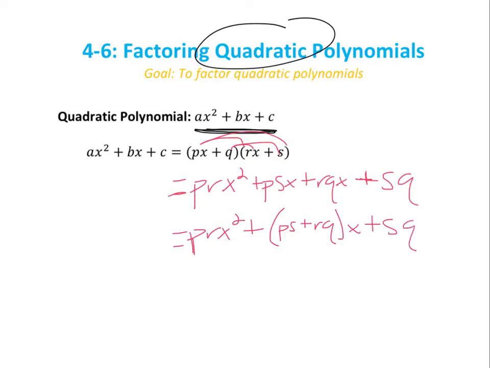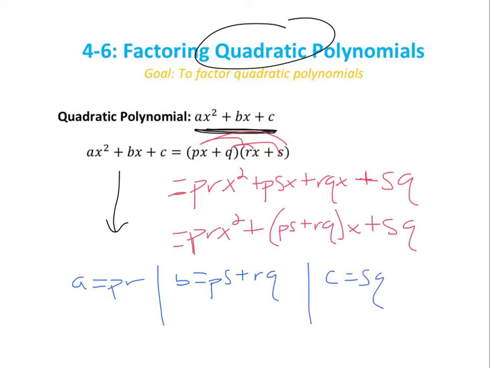If you bring this down, these look very similar, in the same order, just with different variables. So we can split this up and find that A is equal to P times R, B is equal to PS plus RQ, and C is equal to SQ.